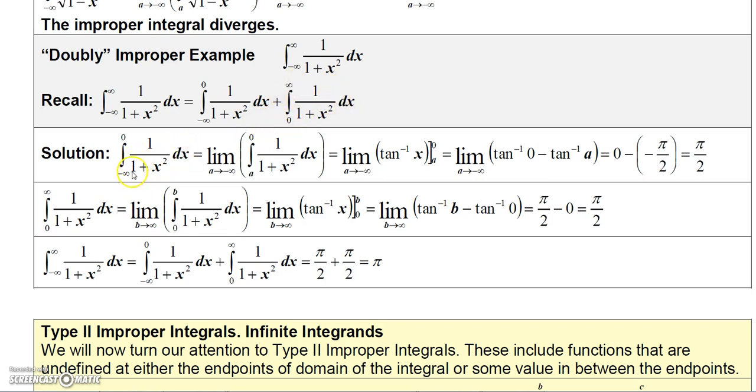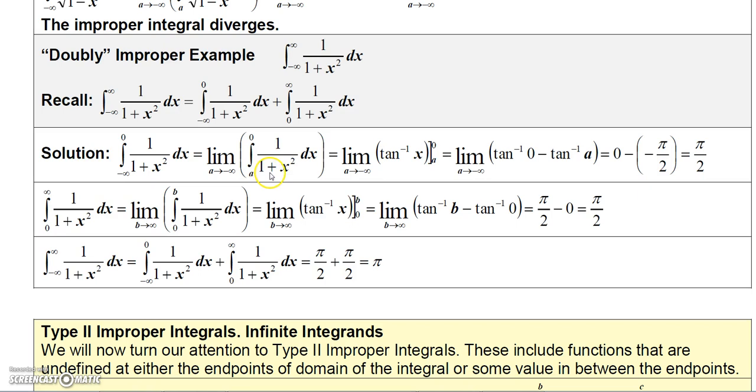Okay, so if I integrate from minus infinity to infinity of this function, then you might remember that 1 over 1 plus x squared integrates to arctan of x. So I'm going to replace the minus infinity with a and let a go to negative infinity. But now let's evaluate this integral.